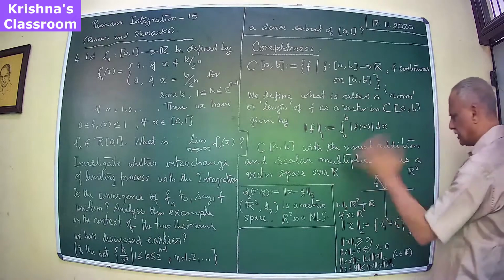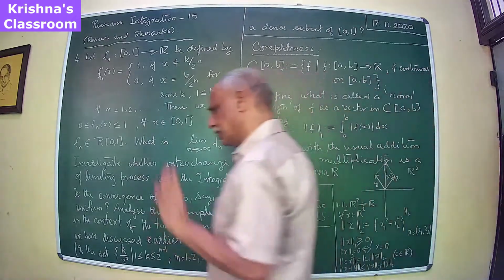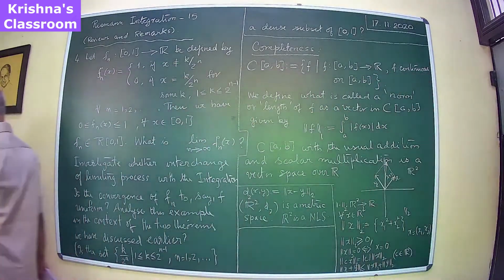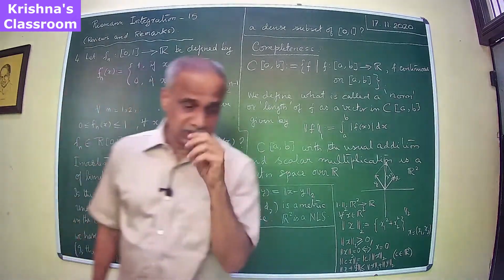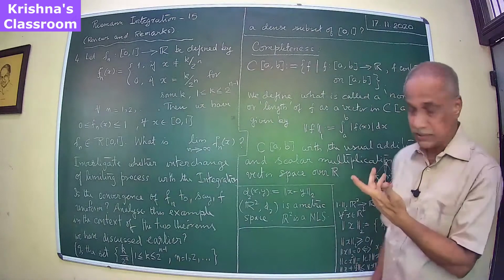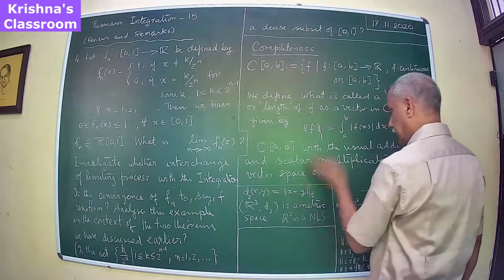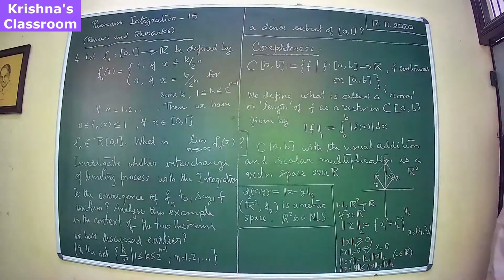So any function satisfying these conditions will be called a norm. It's a legitimate norm, and in terms of this norm, it is also a metric space where the metric is automatically defined. So that's all fine.